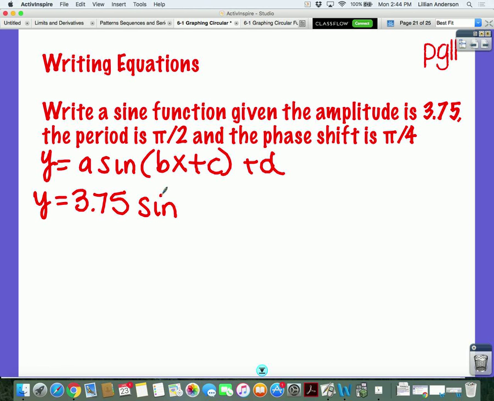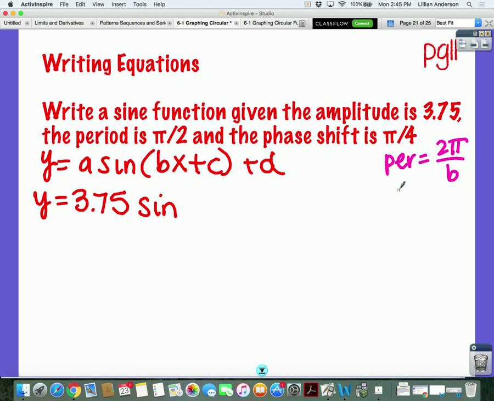Now, do not get it twisted. b does not represent your period. There's a formula that uses b to find your period. What's the formula for period? 2 pi over the absolute value of b. So if your period is the formula 2 pi over b, absolute value, then we basically have to set up a little small equation.